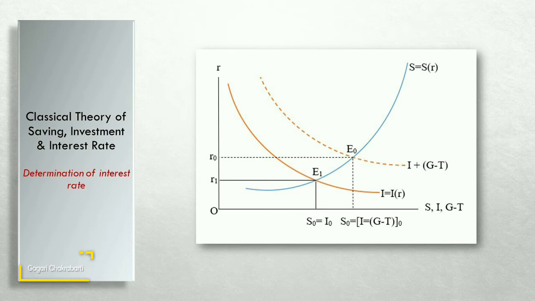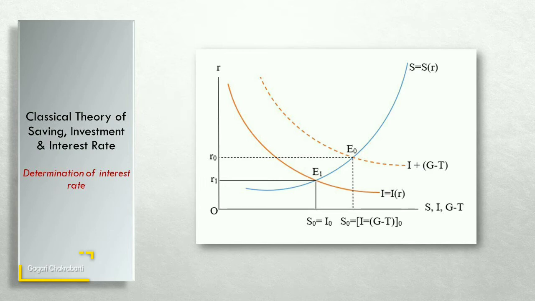On the vertical axis we have measured the rate of interest, and on the horizontal axis we have shown saving, investment, and G minus T, which is the government deficit. The saving function or the supply of loanable fund or the lending function is shown as an upward rising function, whereas the investment function or the borrowing function or the demand for loanable fund function is drawn as a negatively sloped curve.